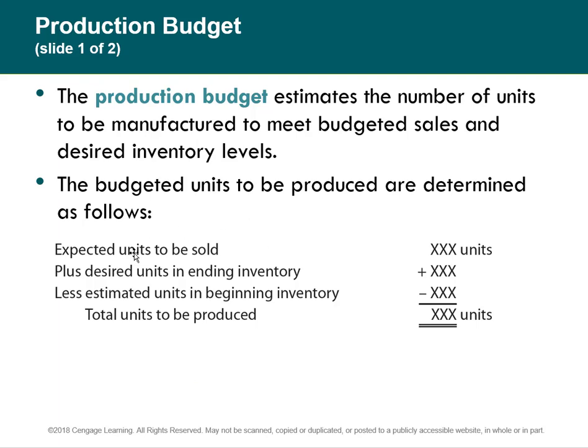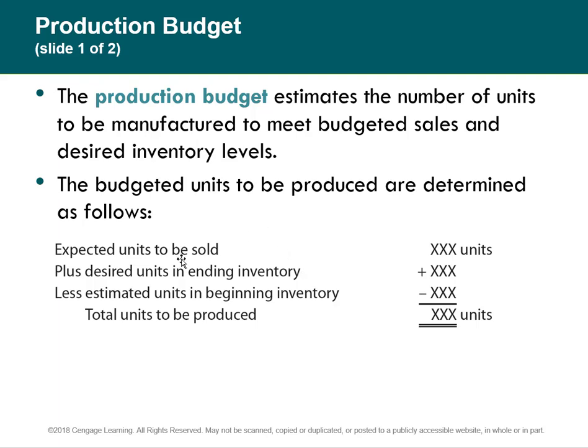So our budgeted production will be how many we're going to sell and then how many we need at the end of the month. The way you want to think about it is unit sales or expected sales plus desired ending inventory. We've got to have some for January 1st next month or we won't have anything to sell.